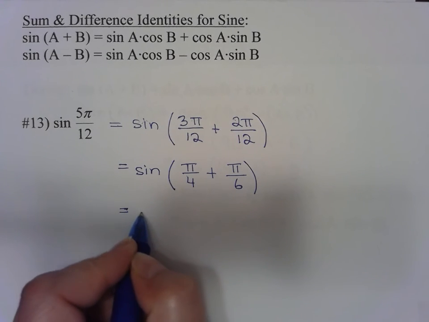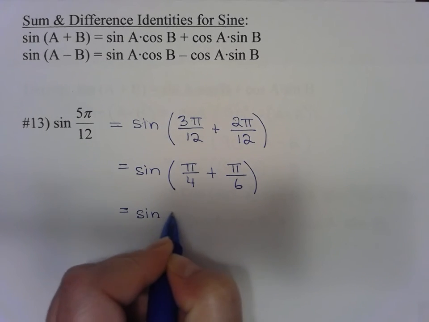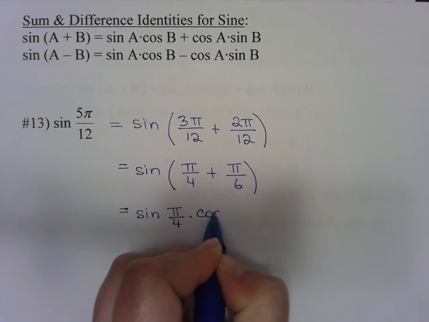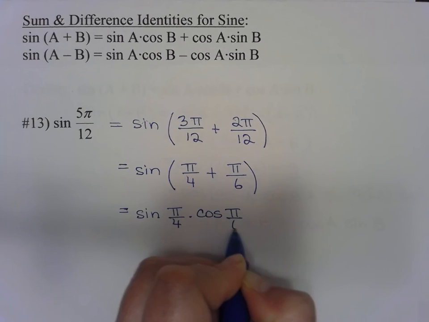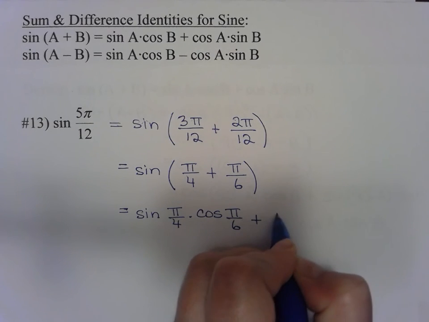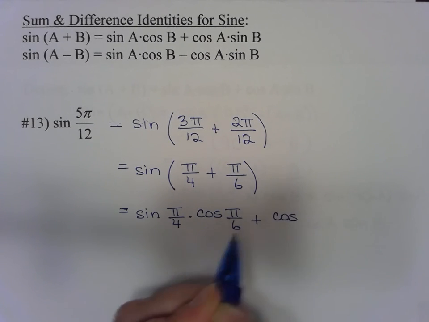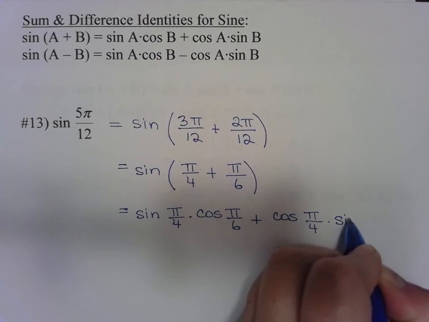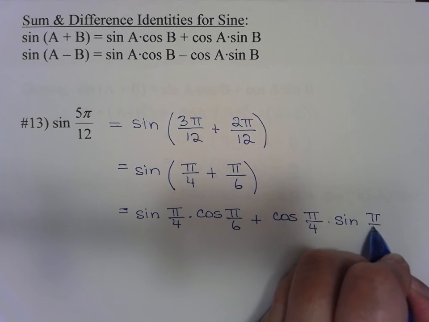So this is equal to the sine of pi over 4 times the cosine of pi over 6 plus the cosine of pi over 4 times the sine of pi over 6.